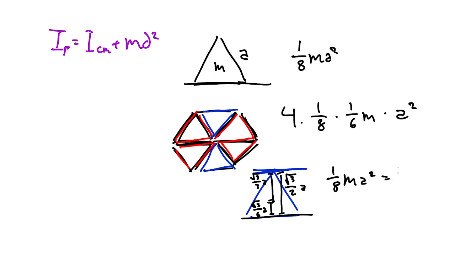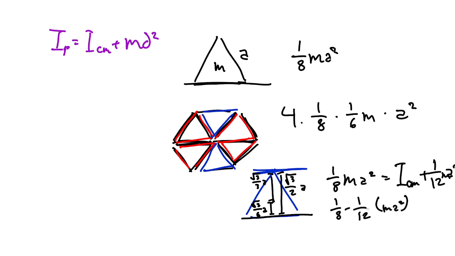And so we get that our moment of inertia of our center of mass plus, what is that, 3 over 36, which is going to be 1 over 12a squared times m, is going to give us this. And the reason why I can say that is because square root of 3 over 6 squared is going to give you 3 over 36, which is 1 over 12, right? So that means that our center of mass moment of inertia is going to be 1 over 8 minus 1 over 12 times ma squared.